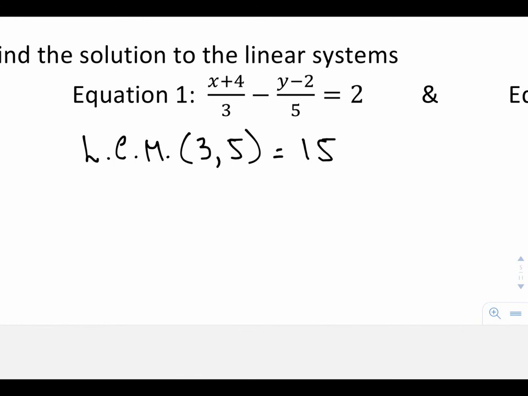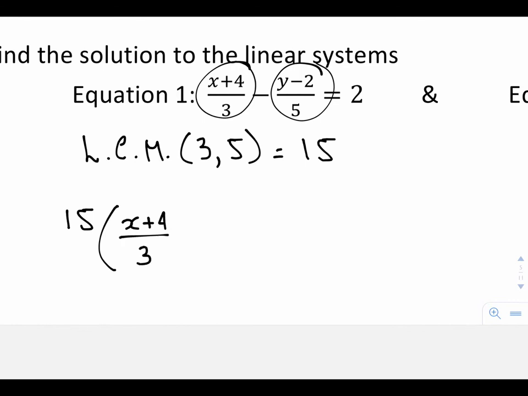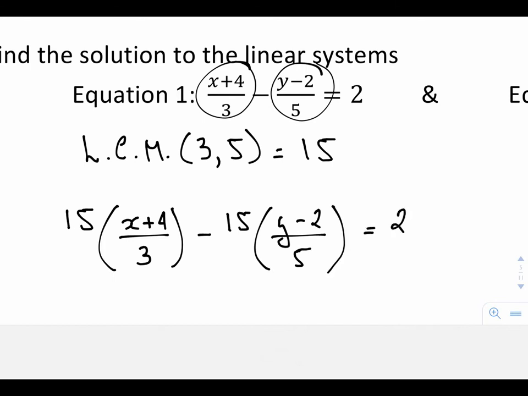On the left-hand side, I have to multiply 2 terms by 15. So here's what it looks like. I put my 15 down. My first term is 15 times (x plus 4 over 3), minus 15 again times (y minus 2 over 5), equals 2 times 15.